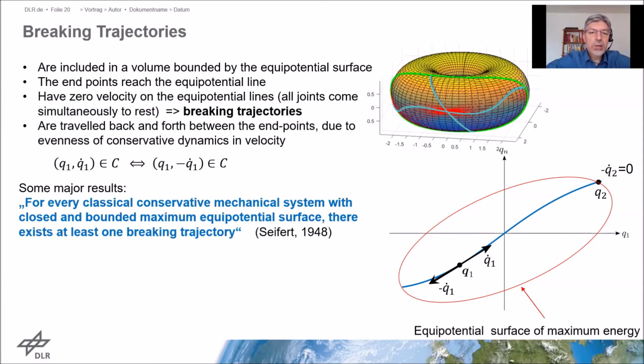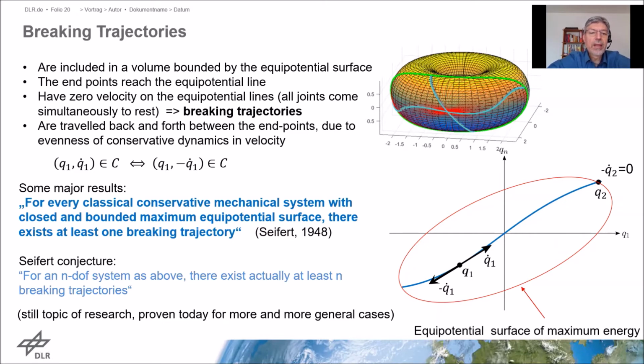There are some major results since, well, the middle of the last century, actually. And the first very relevant paper regarding brake trajectories has been written by Seifert, and he has proven that for every classical conservative mechanical system with closed and bounded maximum equipotential surface exists at least one such brake trajectory, which is an interesting proof.